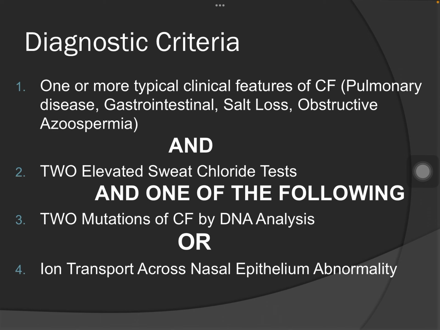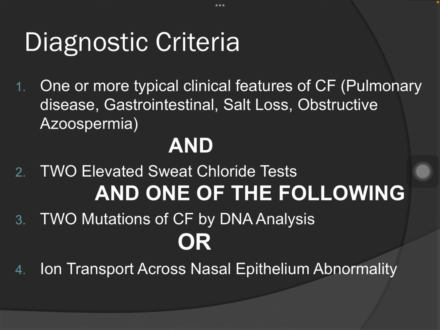Now, how is cystic fibrosis diagnosed after the previous tests are done? Well, we have criteria. First, one or more typical clinical features of cystic fibrosis have to be present, such as pulmonary disease, gastrointestinal involvement, salt loss, or obstructive azoospermia, plus 2 elevated sweat chloride tests, and only one of the following is needed: 2 mutations of cystic fibrosis by DNA analysis, the mutations we talked about, or ion transport across nasal epithelium abnormality, the one that we talked about previously.